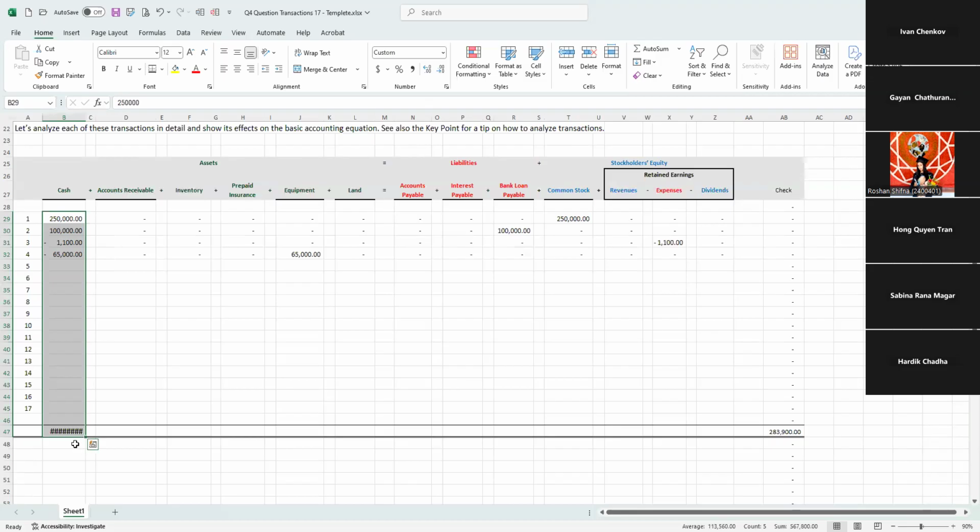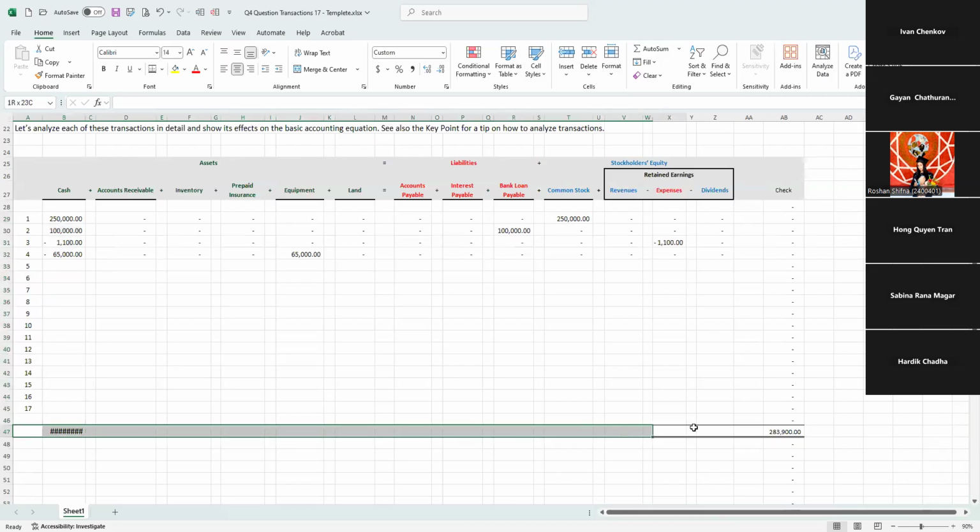I have to change the font size in order to see everything. And you're going to see at this point how much cash we have. I'm going to copy this, paste it here, and have everything in one place.